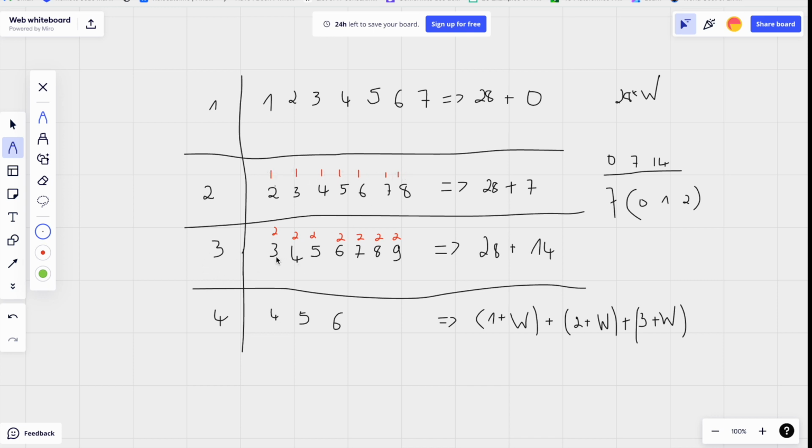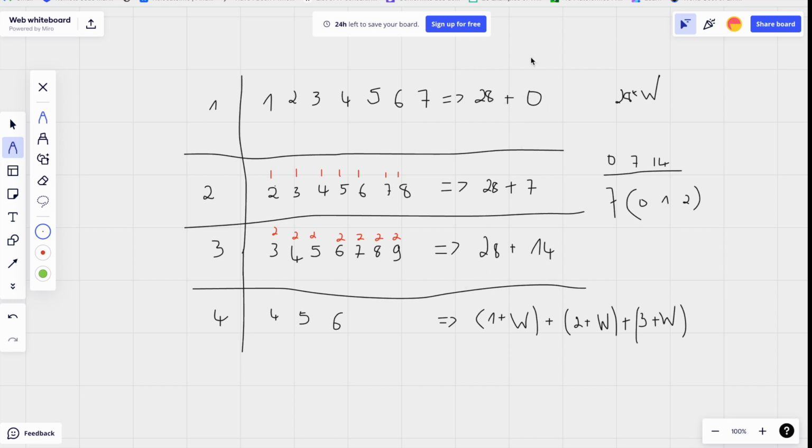For the third week we can transform it into the same plus 2 2 2 2 2 2 2, which will always give you 28 for the first week plus 0, for the second week 28 plus 7, and 28 plus 14. So this can be computed with the number of weeks times 28, which is the static value.